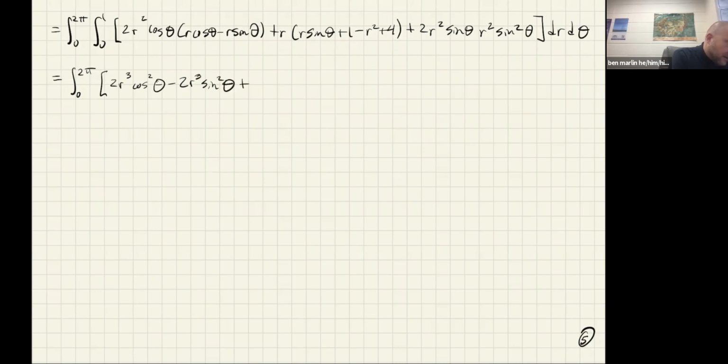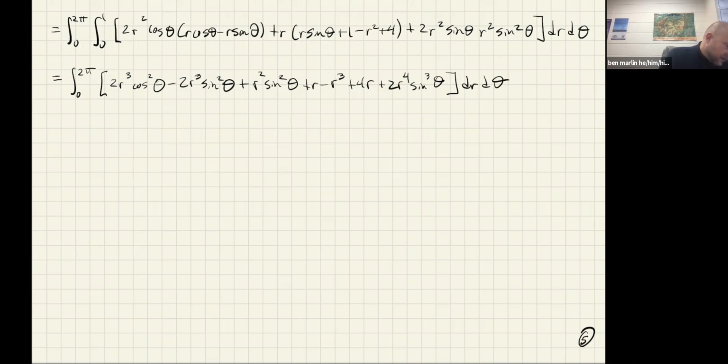Plus r squared sine squared theta, plus r minus r cubed plus 4r plus 2r to the 4th sine cubed theta dr d theta.